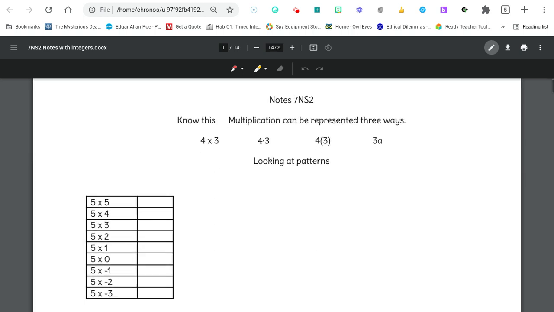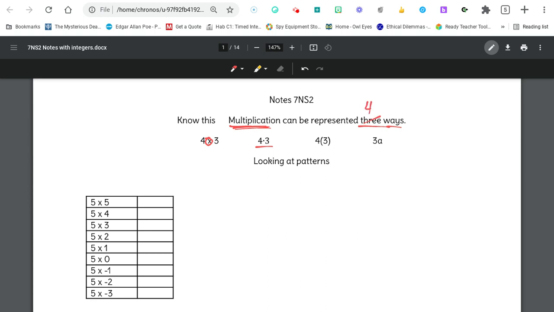All right, so let's look at the ways multiplication can be represented. Multiplication can be represented 3 ways, so I want you to know what it looks like. This is the elementary one with the times sign. It looks like an X, but it's really a times sign. But you will also see a little dot in the middle, which also means multiplication. And it's not 3 ways, it's actually 4 ways.